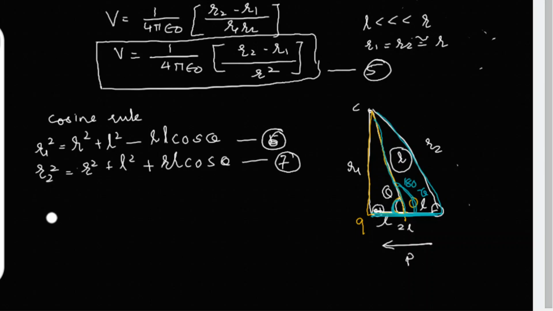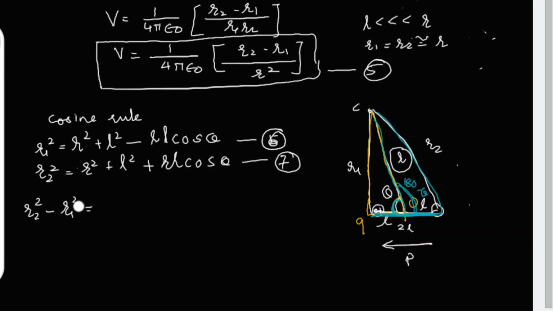Good. Now from this I'm subtracting this. What I actually want is to find R2 minus R1. So from these equations I can get R2 square minus R1 square. I'm taking R2 first, because these are square quantities, so as it is I'm taking. Then afterwards I'll make it R2 minus R1.